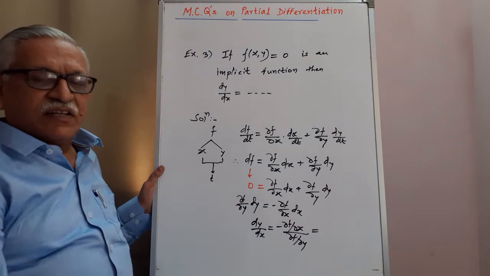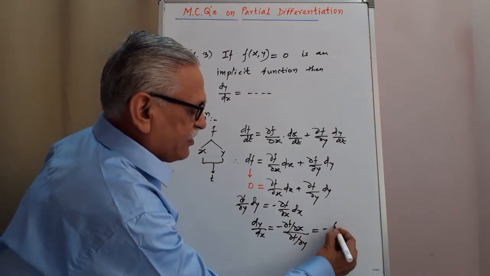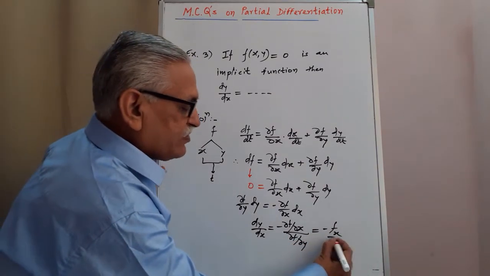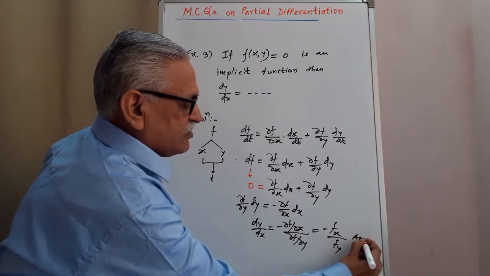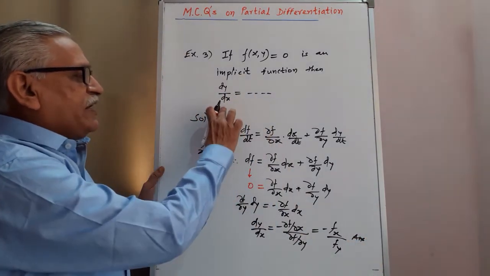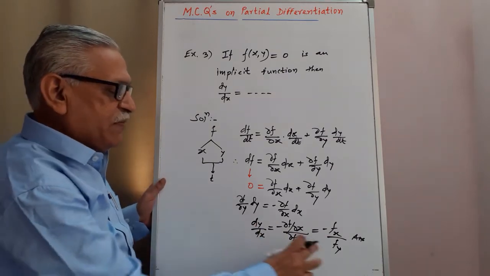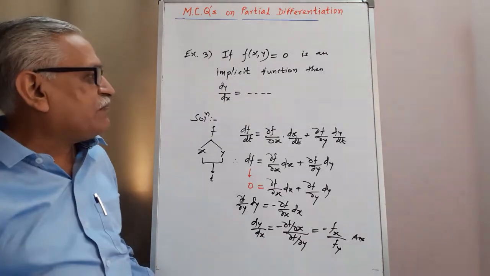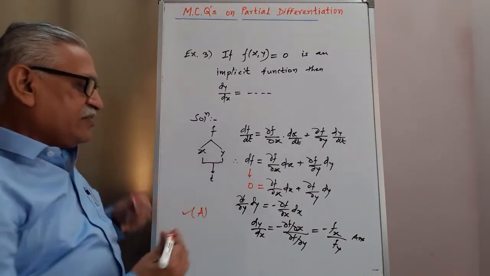Another notation we can use for dou f by dou x is f suffix x, and for dou f by dou y, suffix y. Therefore this is the value of dy by dx. Whenever the function is an implicit relation, dy by dx is given by minus fx divided by fy, as the correct option.